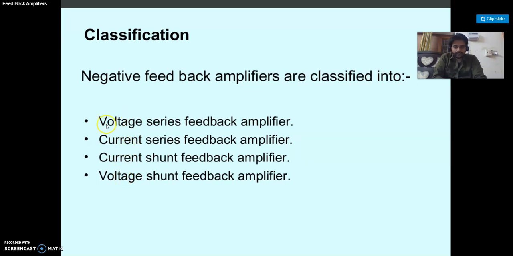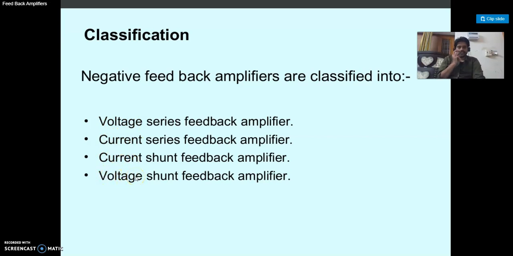The first word indicates what is the sample you are going to extract. If it is voltage, you extract voltage from the output end. If it is current, you extract current from the output end. So the first thing is to identify the entity that you are going to extract from the output side. Here it is voltage, here it is current, here it is current again, and here it is voltage.